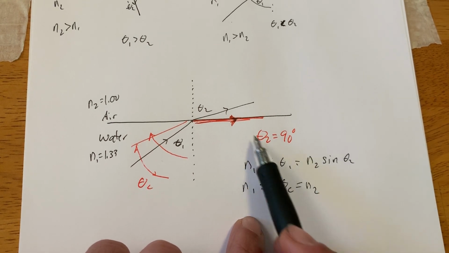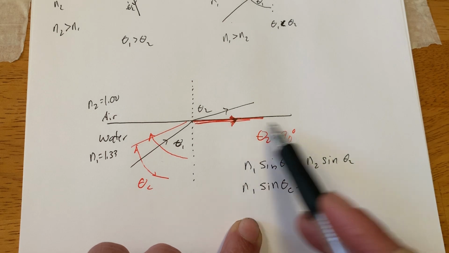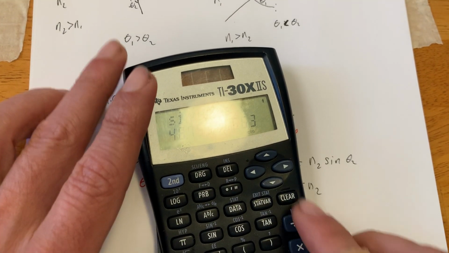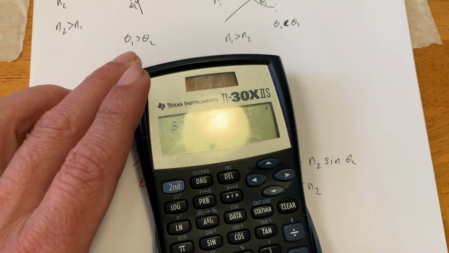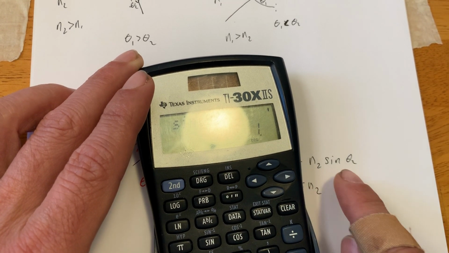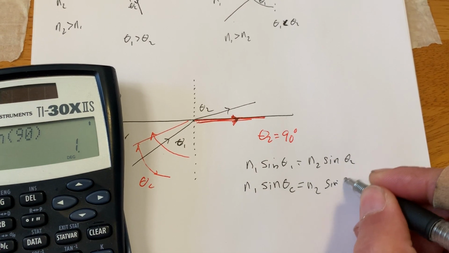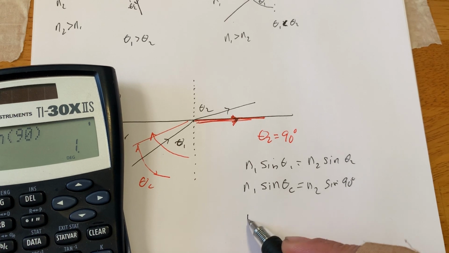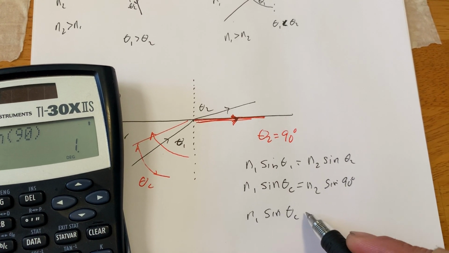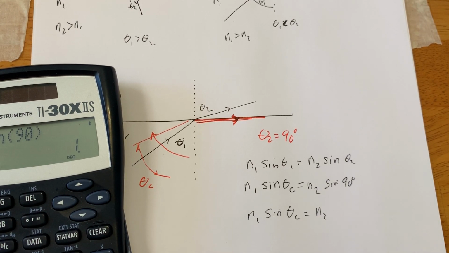What angle am I saying theta 2 has to be? It has to be 90 degrees. So what is the sine of 90 degrees? Lo and behold, it's 1. So if I take the sine of 90 degrees, I get N1 sine theta critical angle is equal to N2 times 1, so that goes away.